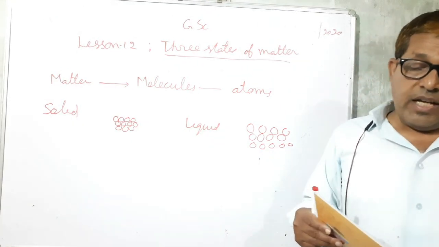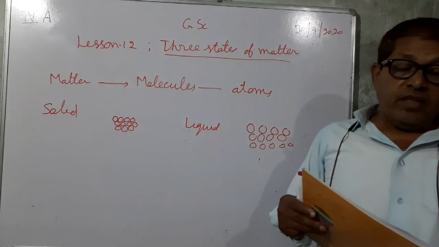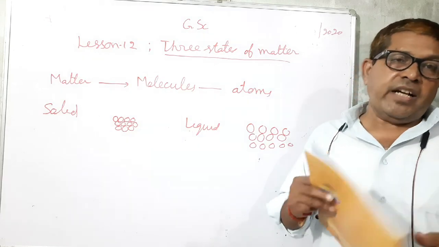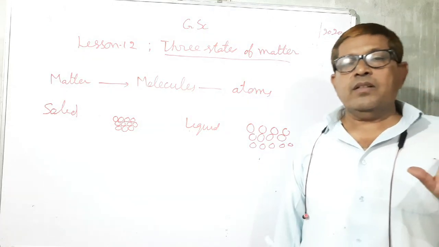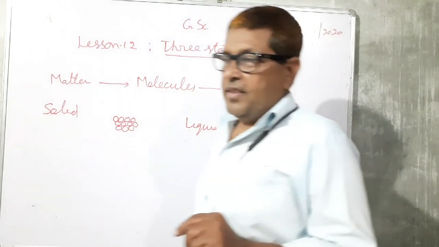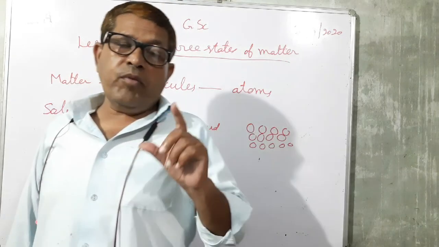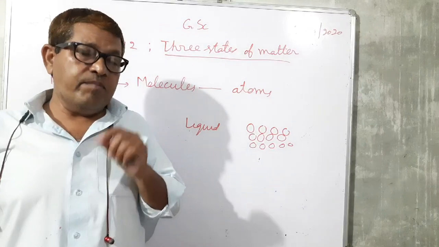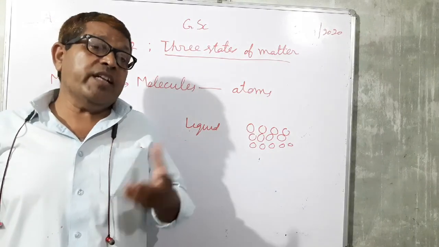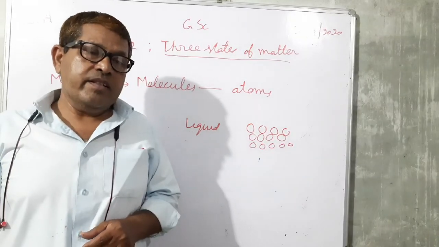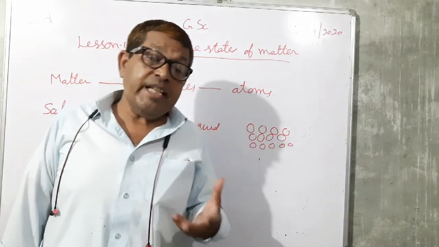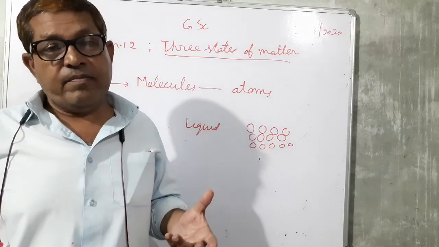Liquids have different volume but no definite shape. For 1 liter of water, the volume of the water is 1 liter. The volume is constant, but if this 1 liter of water is kept in a rectangular vessel, the shape of the water will be rectangular.